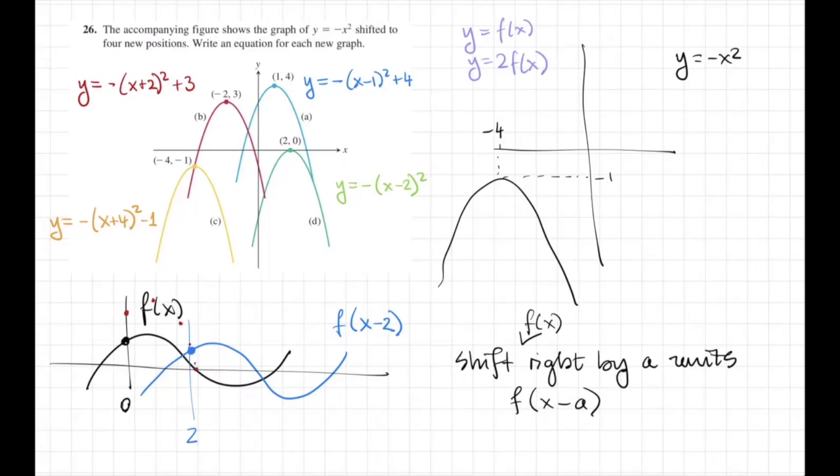When the value of the function is 0, it should again be 0, because doubling 0 gives 0 again. So this is f(x) multiplied by 2, for example, and at each point these distances are equal.